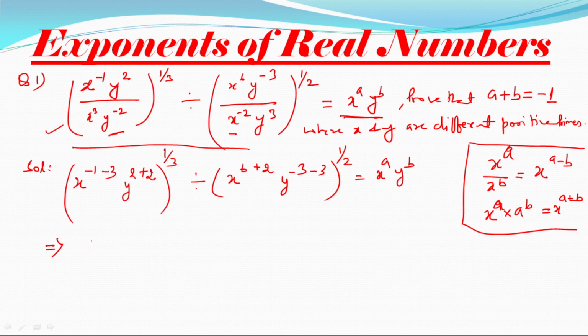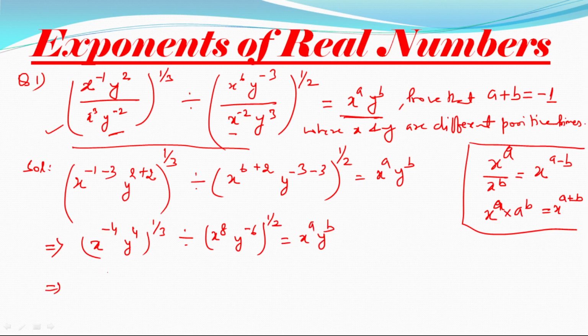Now it has become x to the power minus 4, y to the power 4, 1 by 3, divided by x to the power 8 and y to the power minus 6, to the power 1 by 2, is equal to x to the power a, y to the power b.